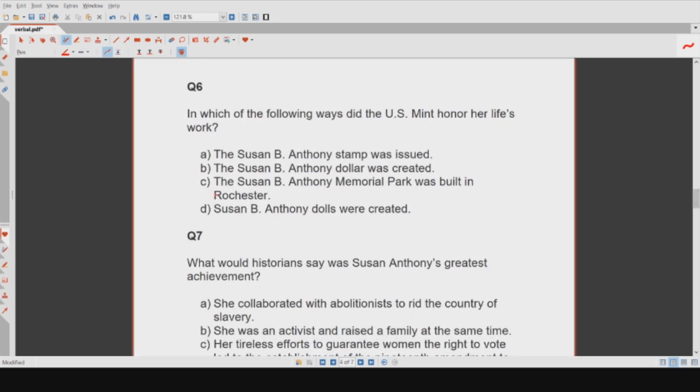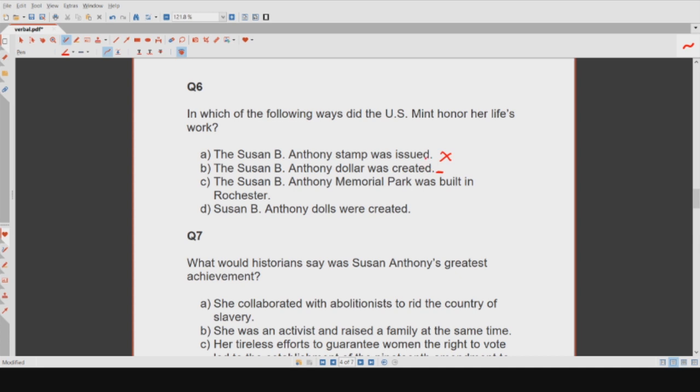Let's move to the next sub question. In which of the following ways did the US Mint honor her life's work? So the options are, the Susan B. Anthony stamp was issued? No. The Susan B. Anthony dollar was created?